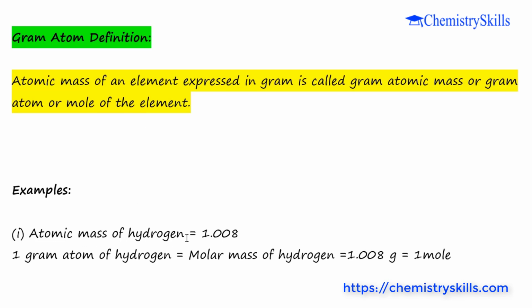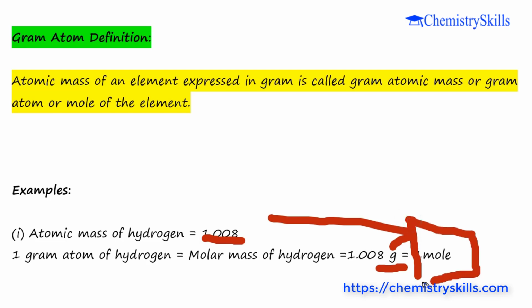So in this particular example, the atomic mass of hydrogen is 1.008 AMU. If I would like to take its 1 gram atom of hydrogen, I will represent this atomic mass in grams. So it will become equal to 1 mole.